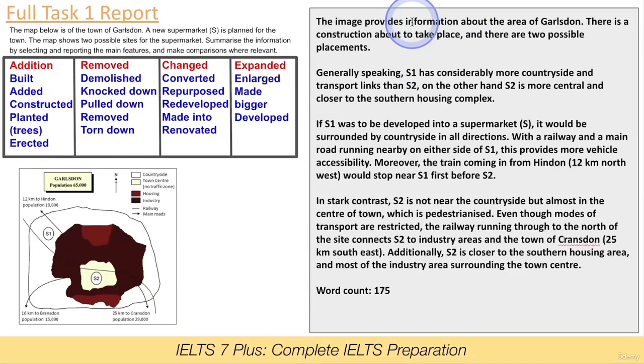So let's go over, we've got our paraphrasing, our overview, and then we dive into our two different groups of S1 and S2, using some key language here about the directions and any changes in the map and the sites. We've compared between the two sites. We have picked the key information. I think we've done a great job there.